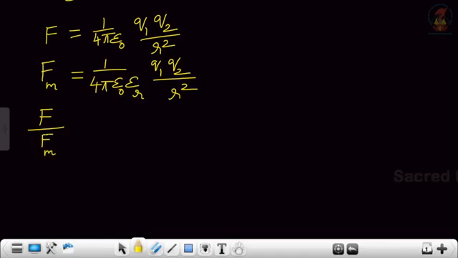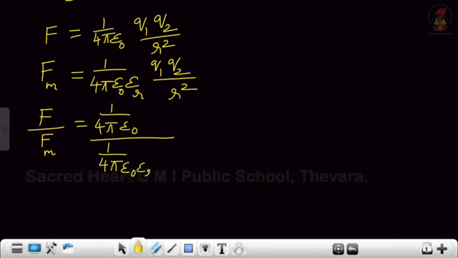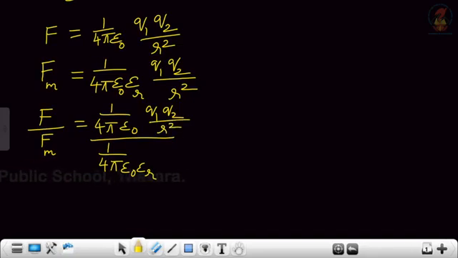I am going to divide F and Fm. So F by Fm equal to 1 by 4 pi epsilon 0 divided by 1 by 4 pi epsilon 0 epsilon r, and q1 q2 by r square in the numerator, in the denominator also q1 q2 by r square.